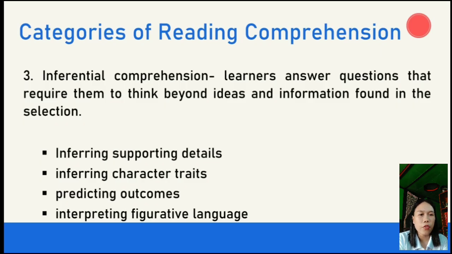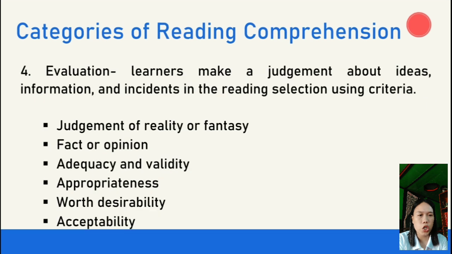Fourth is the evaluation. In here, learners make a judgment about ideas, information, and incidents in the reading selection using criteria. Skills under this dimension are judgment of reality or fantasy, fact or opinion, adequacy and validity, appropriateness, worth, desirability, and acceptability.